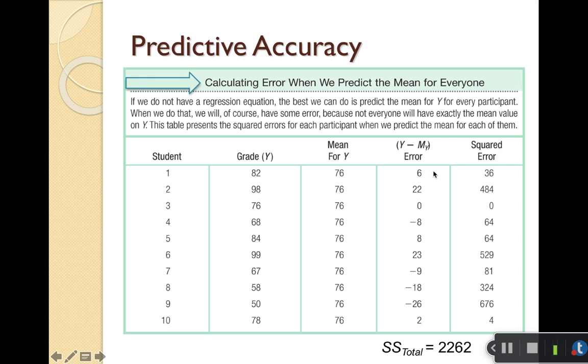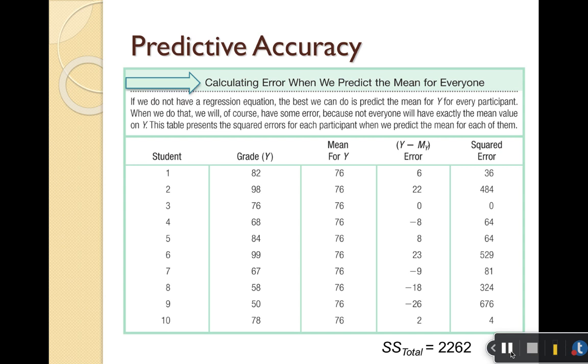You can see here 82 minus 76, I'm off by 6 points, and then squaring that error. Then at the very bottom, I would sum all of these squared errors up, and I would get what we call our sum of squares total, which is similar to what we calculated when we were talking about ANOVA. You can see here I've done this for every single person.